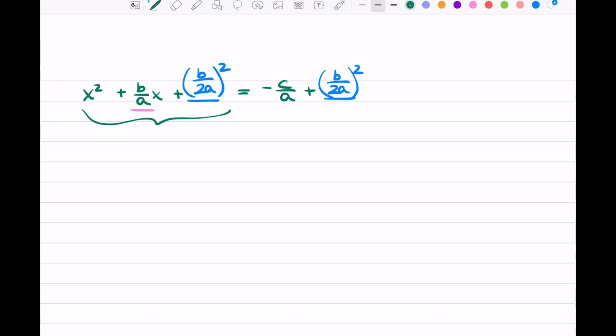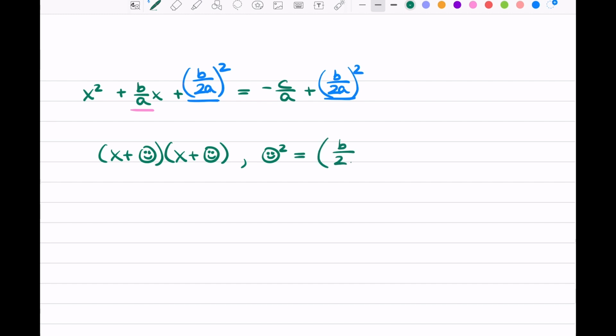Since our polynomial on the left is a perfect square, we can rewrite it as x plus smiley face times x plus smiley face, where smiley face squared is going to be equal to our final term, b over 2a, that quantity squared. If smiley face squared is equal to b over 2a squared, that means that our smiley face is equal to b over 2a.